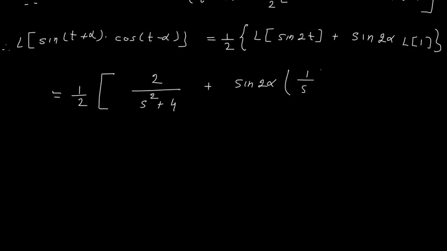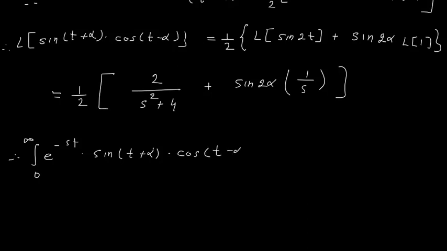So therefore I have the integral from 0 to infinity of e raised to minus st into sin(t plus alpha) cos(t minus alpha) dt, equal to 1 upon 2 [2 upon s square plus 4 plus sin 2 alpha into 1 upon s].